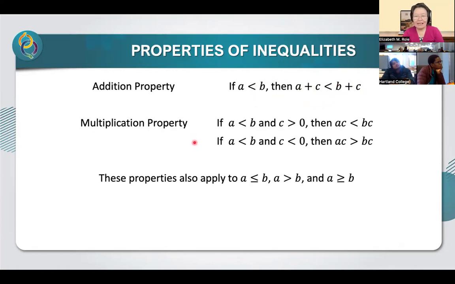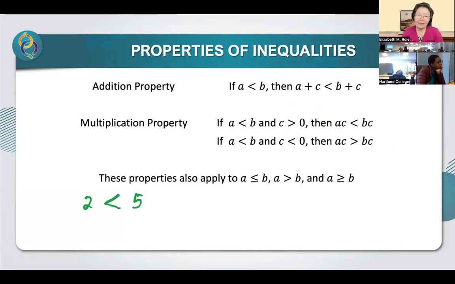But please note, for the multiplication property, if you multiply both sides by a positive number, the inequality sign remains the same. But if you multiply both sides of the inequality by a negative number, the inequality will change, and therefore less becomes greater. So let me give an illustration on that. Why is that so? Okay, you know that 2 is less than 5.